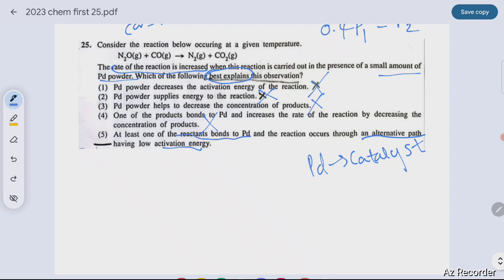Yes, even both reactants can bond with palladium. So, intermediates are formed in the reaction, otherwise no reaction happens. So, at least one of the reactants should bond with palladium, and the reaction occurs through an alternative path having low activation energy. So, the answer is 5.